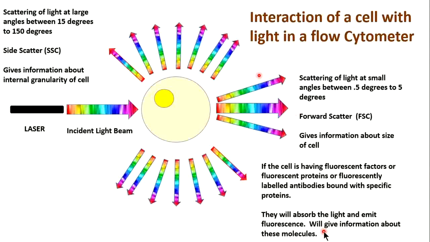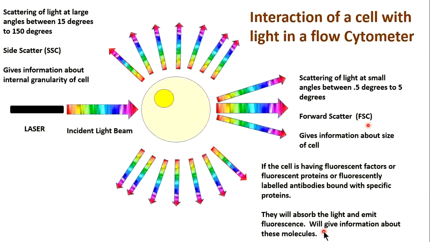If it is scattering of the light at 0.5 degree to 5 degree, meaning after changing the path the angle formed is between 0.5 degree and 5 degree, then this kind of scatter is called forward scatter or FSC, right?